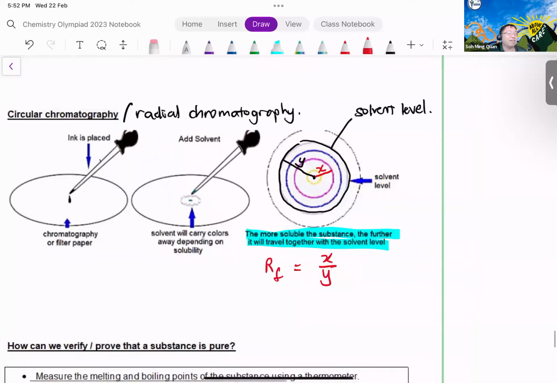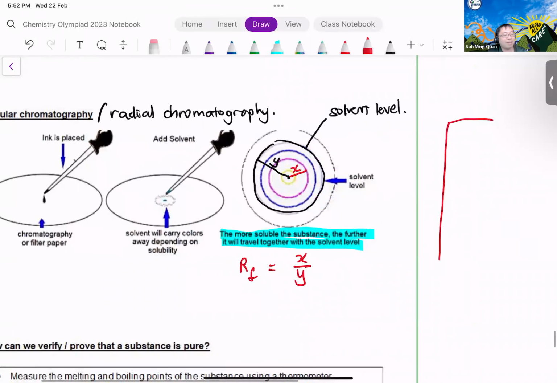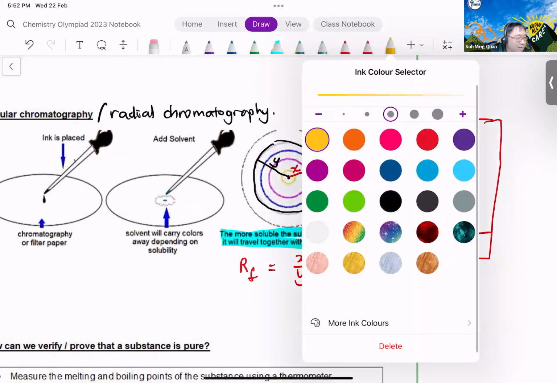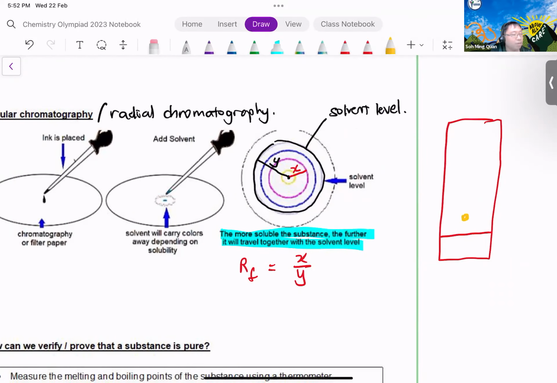Now, how do you translate this back into the usual standard chromatography? Well, something difficult, right? First, you have the yellow color. Yellow color, I forgot. There's the yellow color. Then you get the purple color.